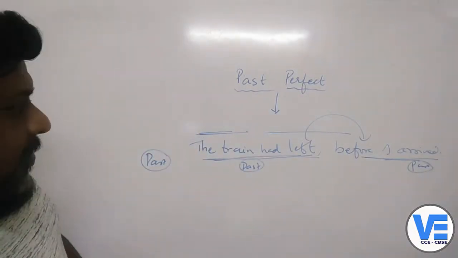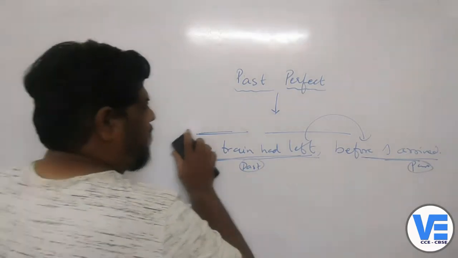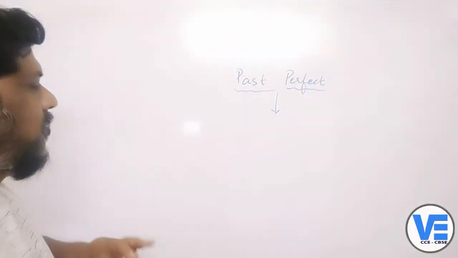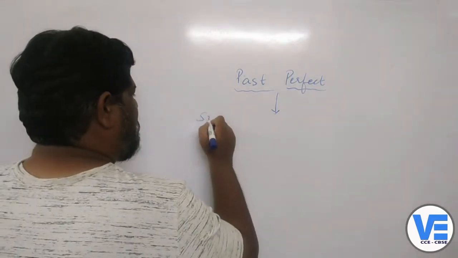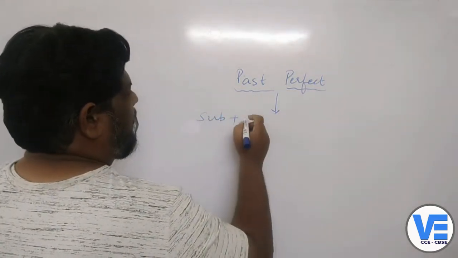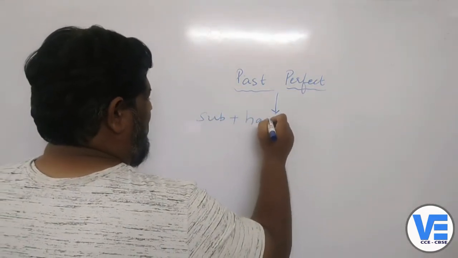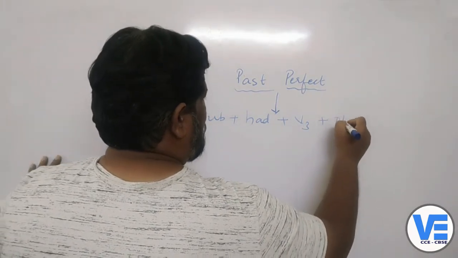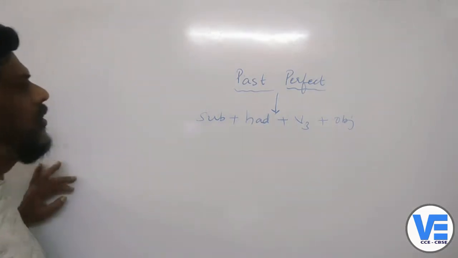So you can take the formula for the past perfect tense here. It is subject plus had plus V3 plus object. Very simple one.